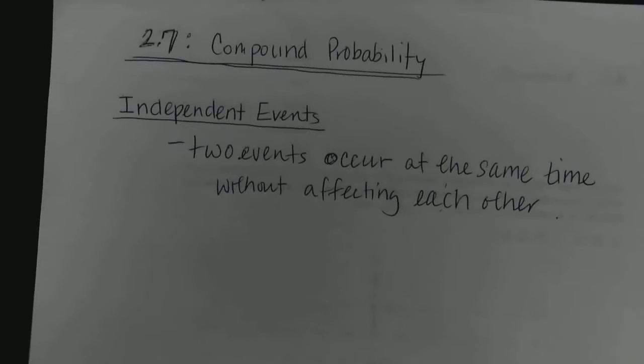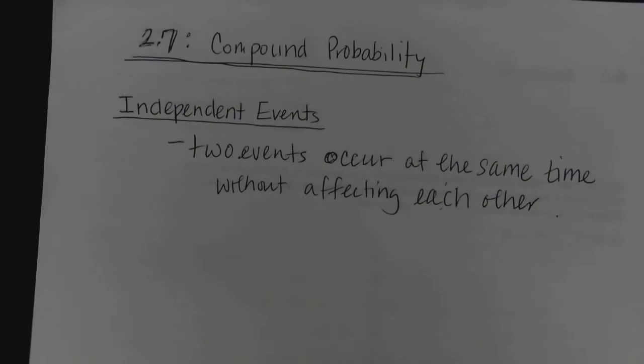So that's considered to be an independent event. Or let's say you have Scrabble tiles. I want to know the probability of picking a letter A, and then when I put it back, the probability of picking a letter B. That is still considered an independent event because it doesn't affect the second probability. Okay, so that's an independent event.